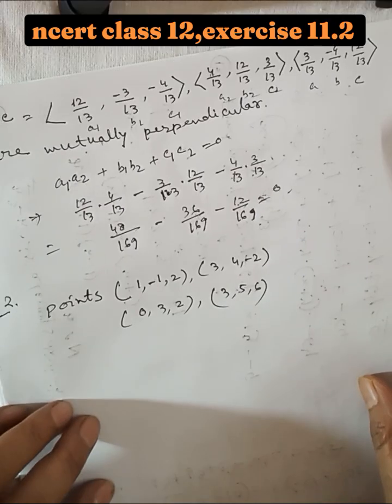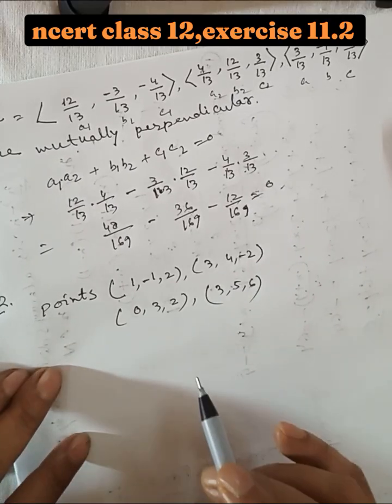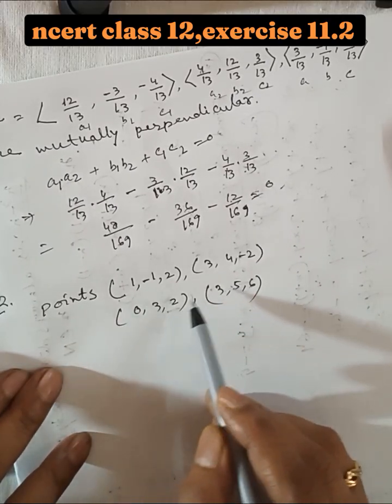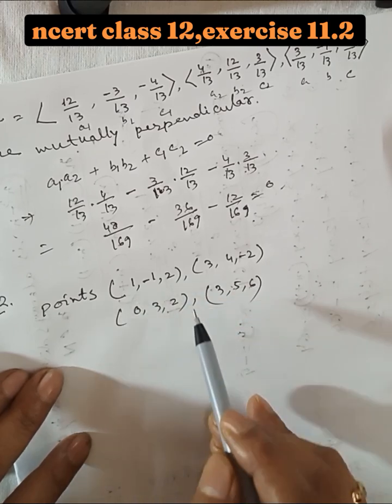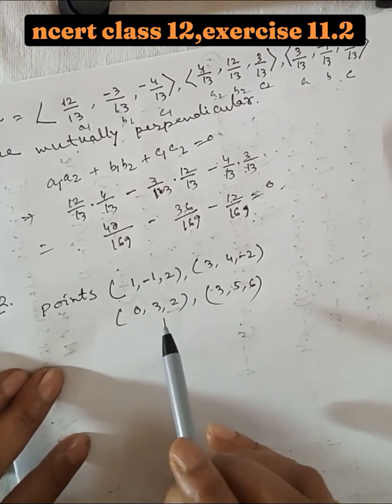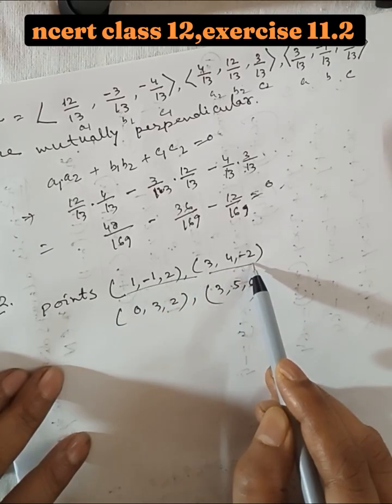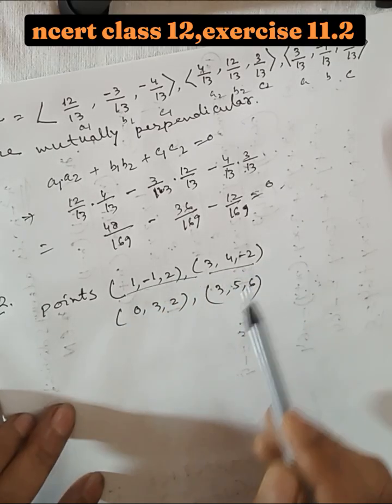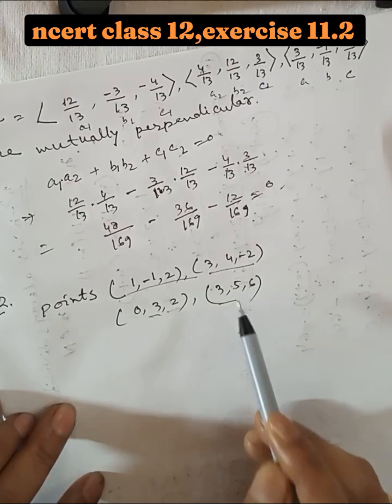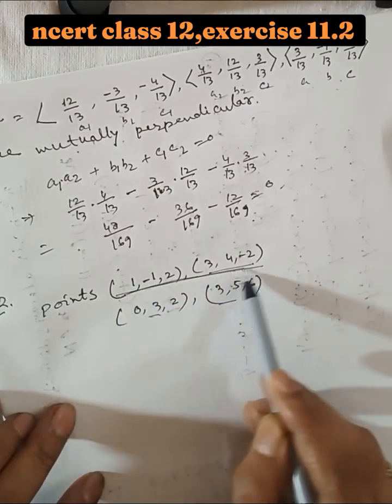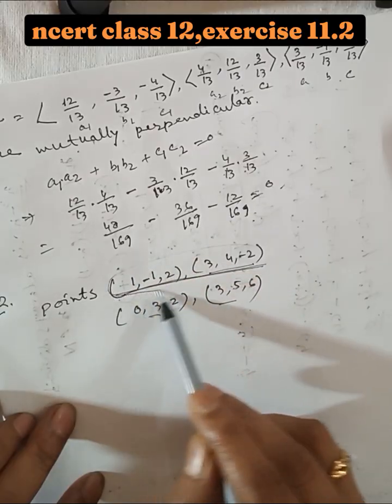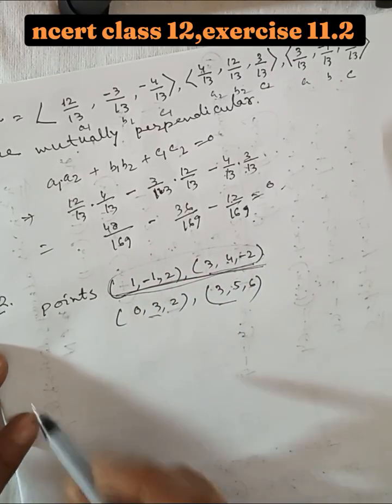Now I solve question number 2. Here 4 points are given. Show that the line through these two points is perpendicular to the line through the other two points. First we find the direction ratio of the given 2 points.